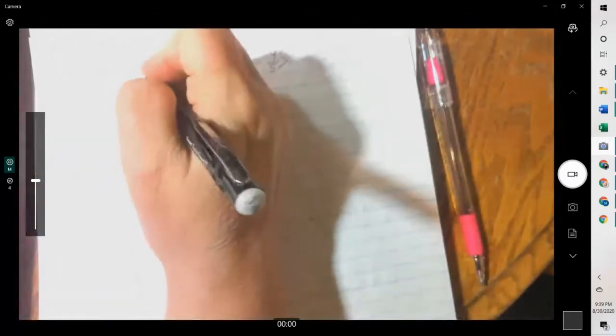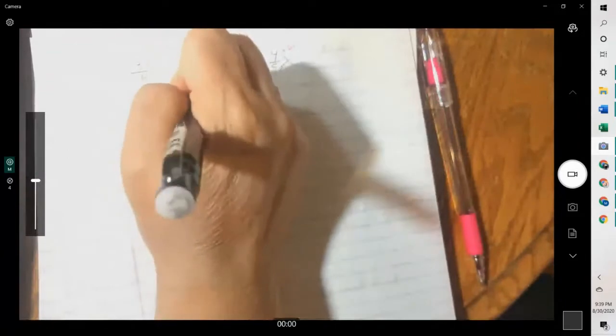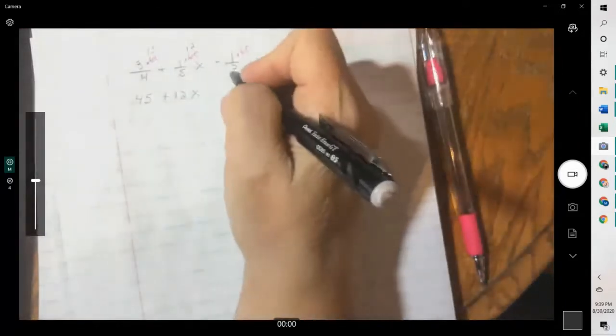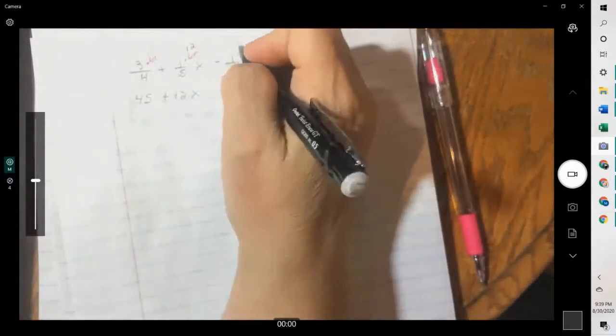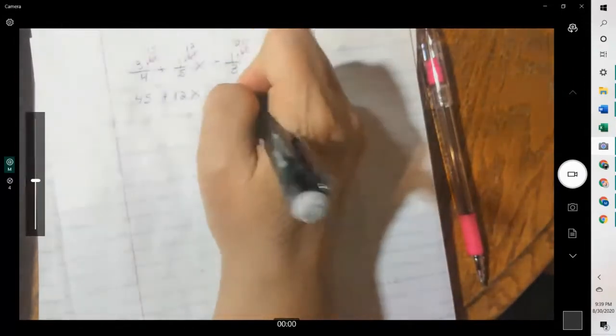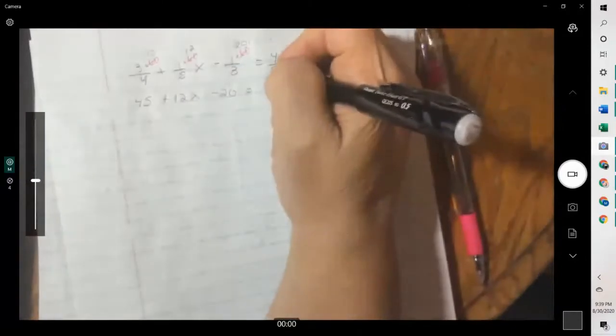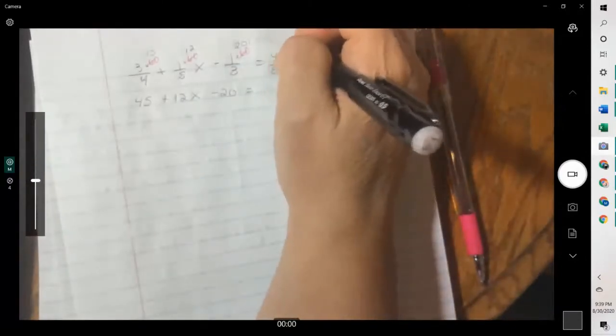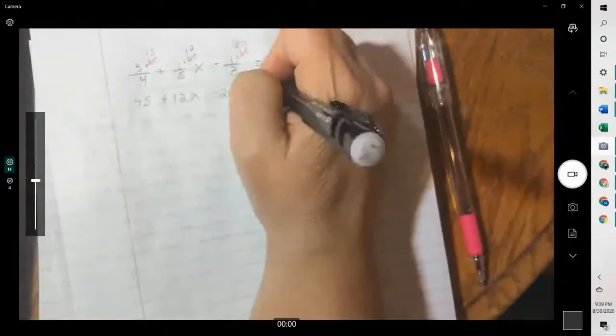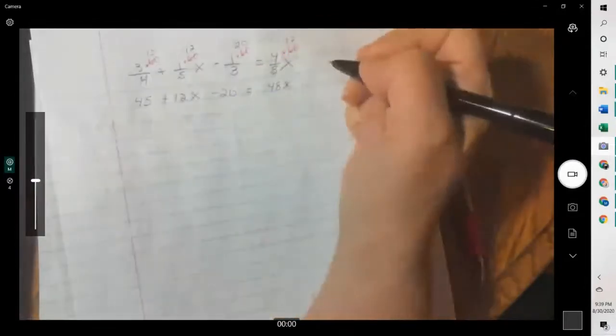So 4 goes into 60 15 times, and 3 times 15 is 45. 5 goes into 60 12 times, and 1 times 12 is 12x. 3 goes into 60 20 times. 20 times a negative 1 is a negative 20. And then 5 and 60 we said was 12. 12 times 4 is 48x.